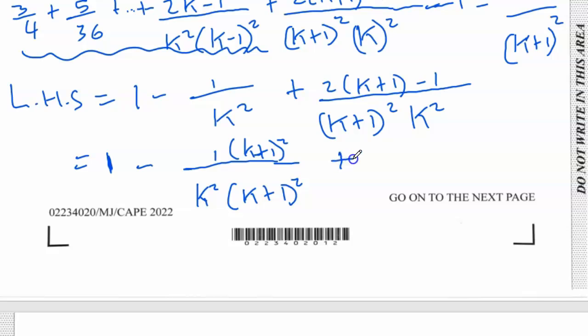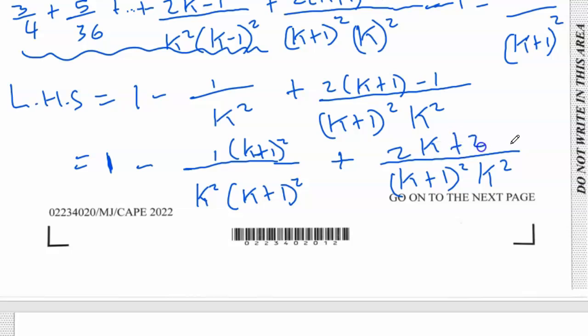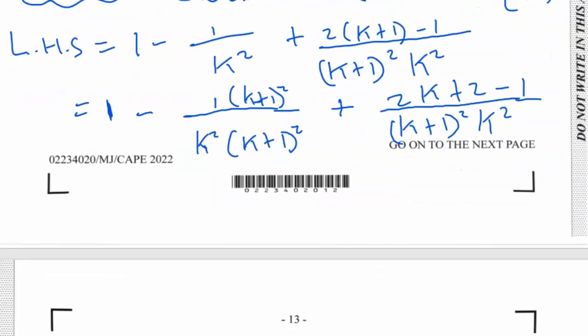Plus, and again over here, same denominator, (k plus 1) square, times k square. And if we expand the bracket there, we'll get 2k plus 2 minus 1. Let's continue.